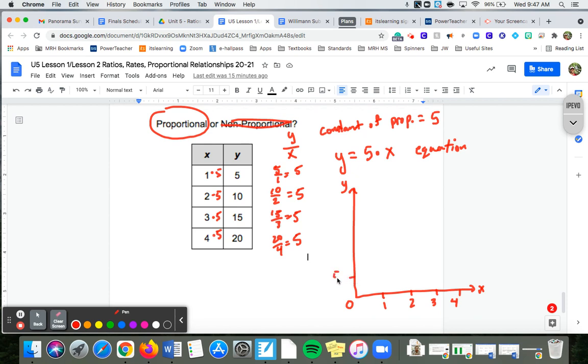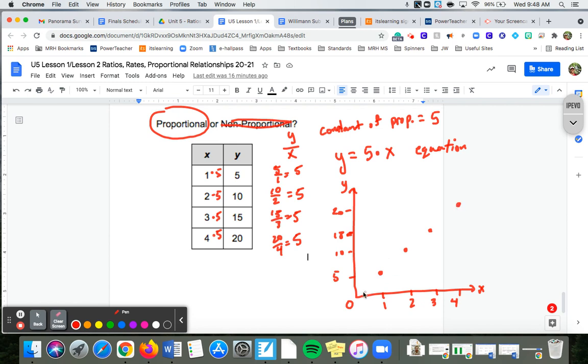So this would be 5, 10, 15, and 20. Plotting the points, I plot 1, 5: I go 1 to the right, up 5. 2, 10: I go 2 right, up 10. 3, 15: I go to the right 3. It's not going to be perfect here because my scale isn't drawn great. And then 4, 20: I go to the right 4 and then up 20.